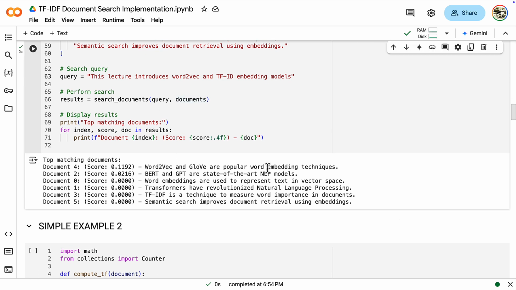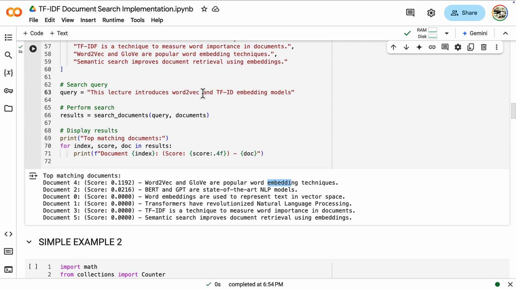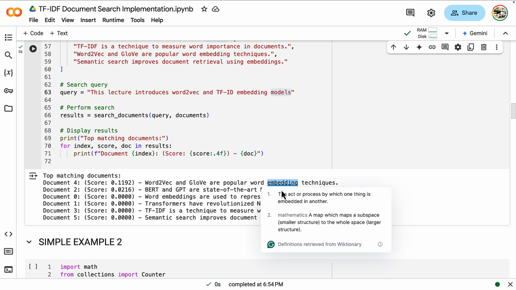Word2vec, this is the first one. Look, it has Word2vec, it has embedding. Okay, and then it returns BERT and GPT to represent NLP models. Word embeddings are used to represent, and here it gives the likelihood, or the score, for every sentence. Okay, because there is model here, I was able to get it.